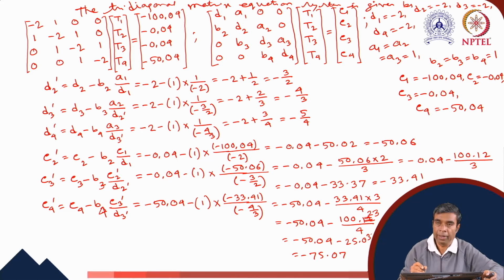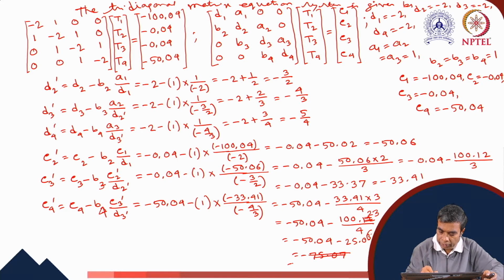So this 100.23, if we divide by 4, we get roughly 25.06. So we update the value, and so this is minus 75.10.